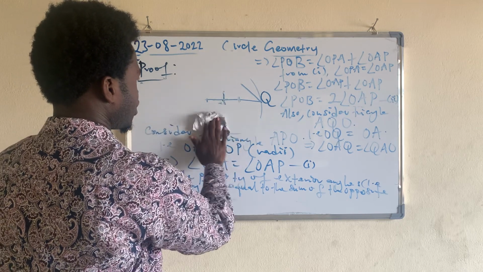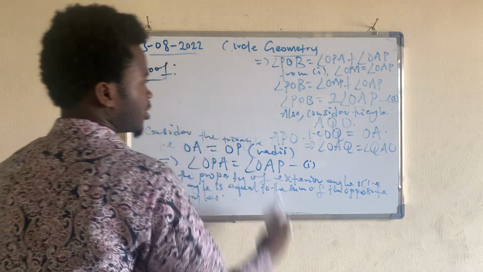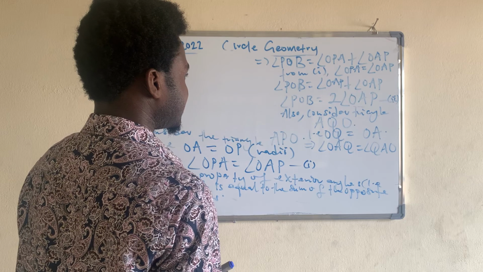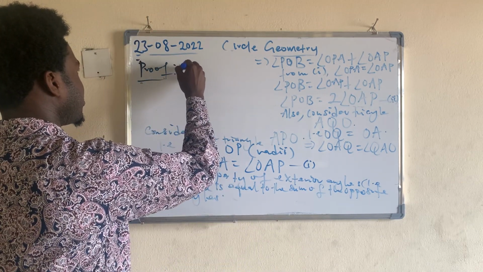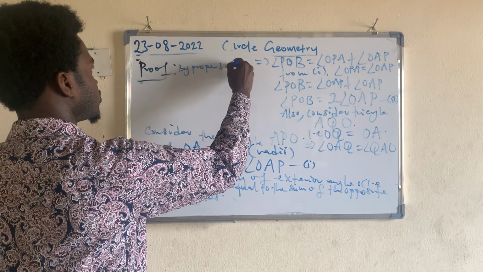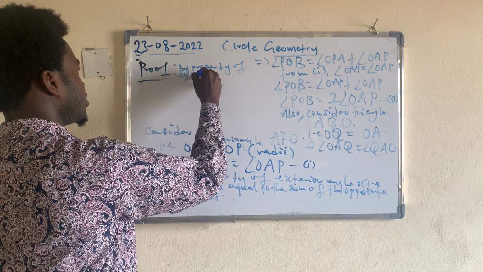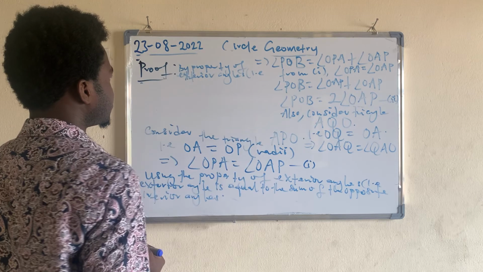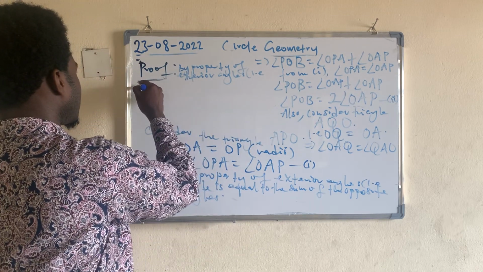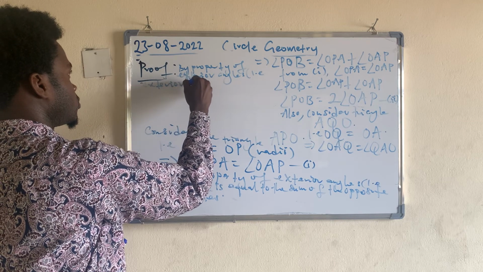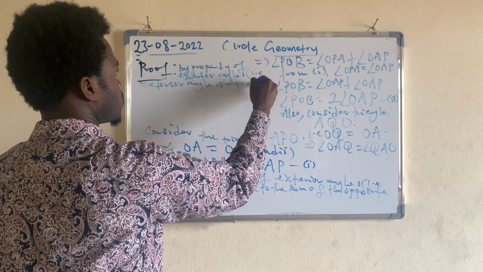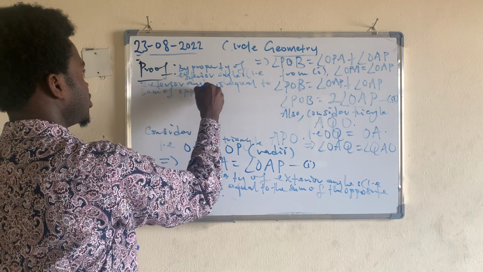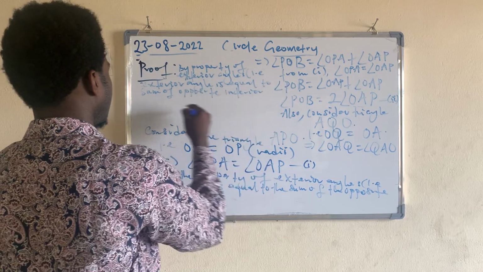I will just rub this diagram off to create space, so that from these points we can also say, by the property of exterior angles, that an exterior angle is equal to the sum of the opposite interior angles.